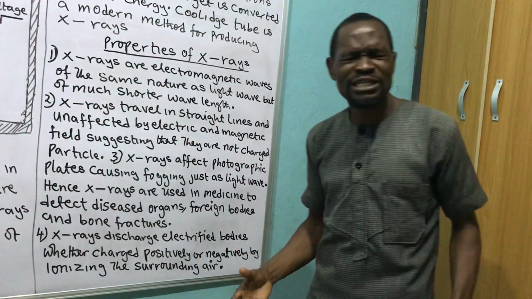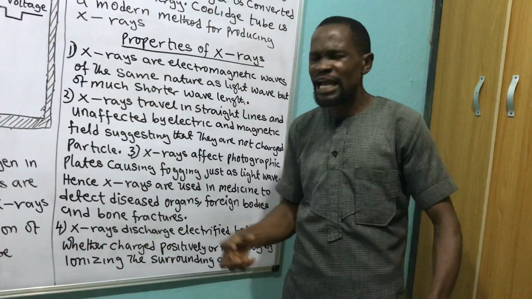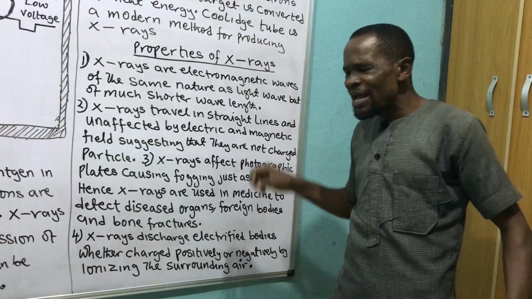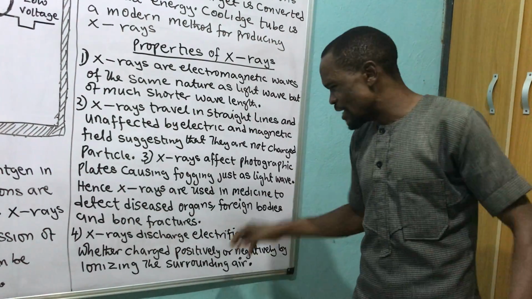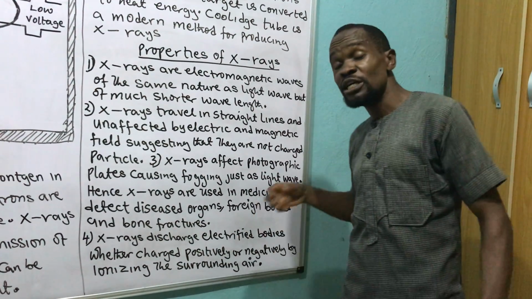That means X-ray will discharge the charge on that body. If we have a positive charge and you send X-ray on it, it will discharge it. How does it do this? When X-ray passes, it ionizes the surrounding air, which neutralizes, that means discharges, the positive or negative charge the body is holding.